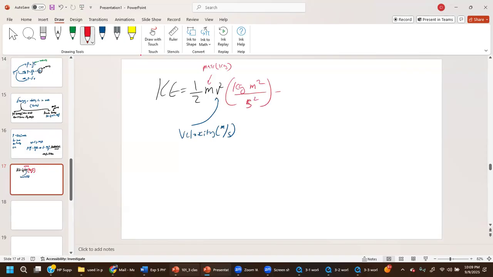And basically we have the kinetic energy in joules because it is energy. So any type of energy is going to be in joules, which is going to be your unit for your kinetic energy.